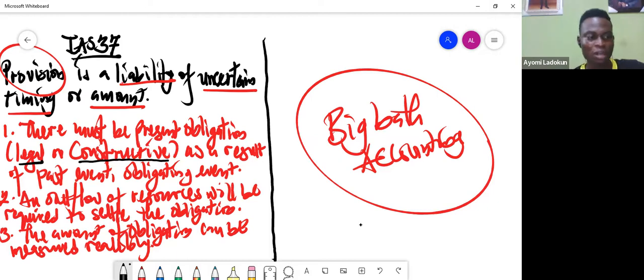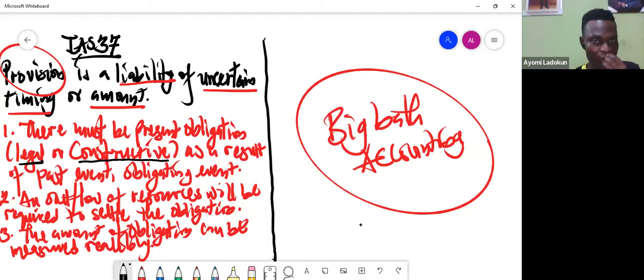What does that mean? An obligating event will put an entity into a condition whereby they cannot avoid the obligation. Now listen, once an entity can avoid that obligation, they cannot make provision. Let me give you a classical example so that you understand.